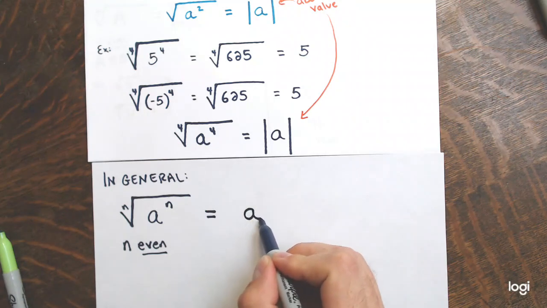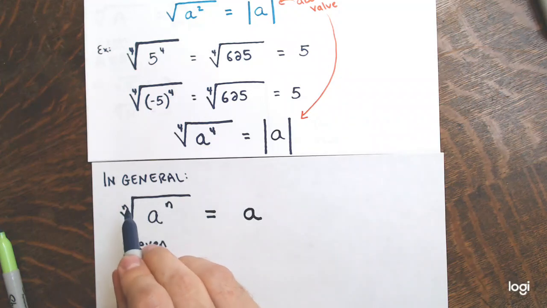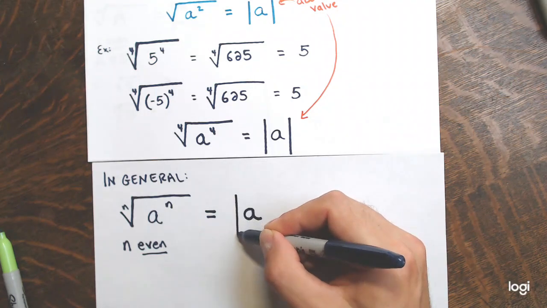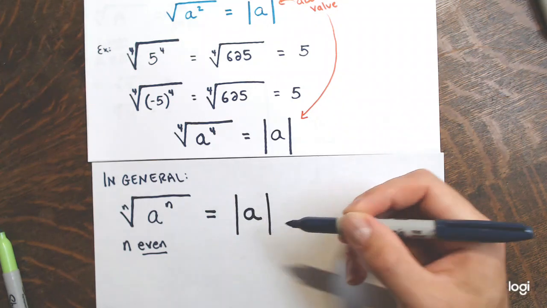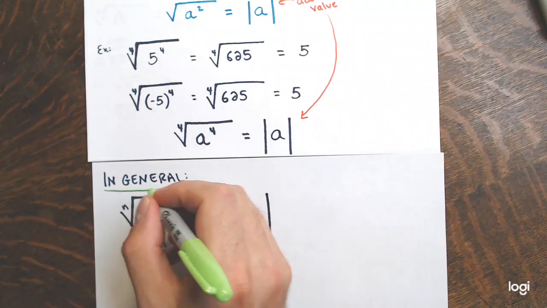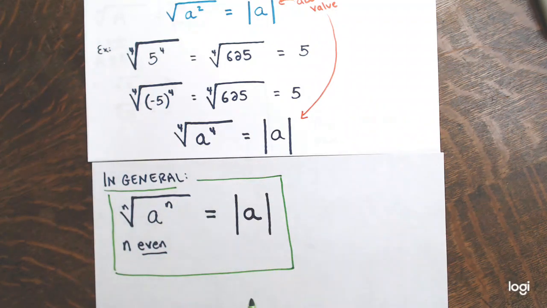It's not always just a, because again, what if a is negative? This symbol with an even index is asking me for the non-negative nth root. So just to ensure that it is non-negative, we pop little absolute value symbols around. All right, so please know this rule right here for even roots. The nth root of a to the nth is not a, but the absolute value of a, something to ensure that we get a non-negative result.